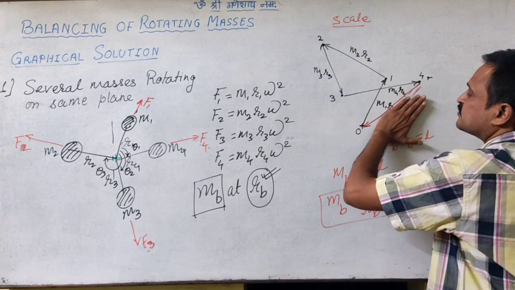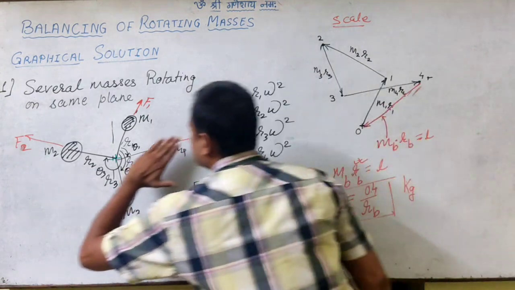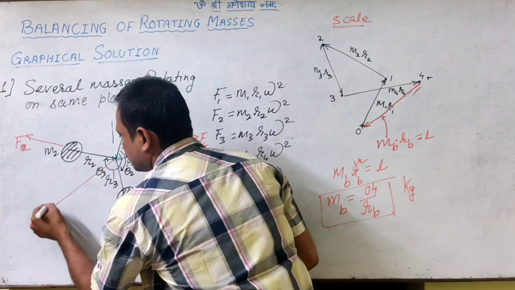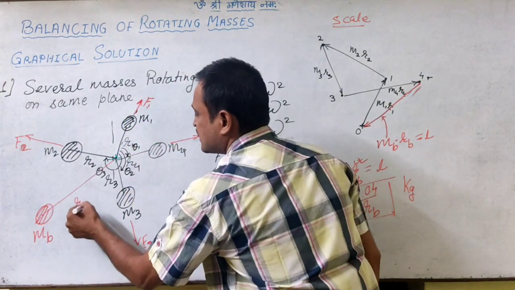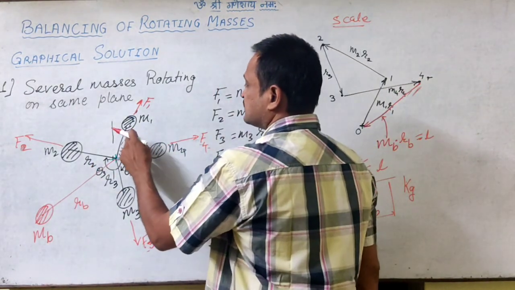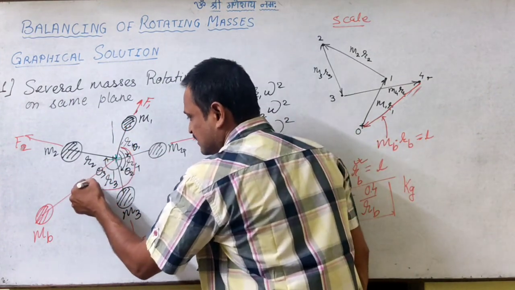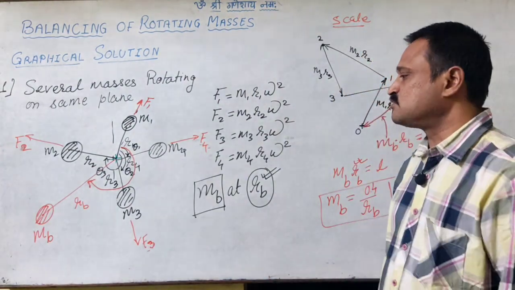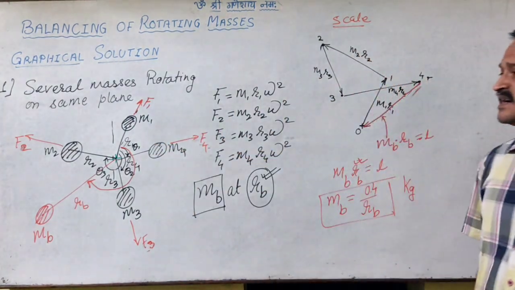So I can draw a line parallel to this vector in my phase diagram, which will be representing the balancing mass at radius RB. Now if I have taken the reference as mass 1, this will be the phase angle at which I need to place the balancing mass, and it will be balancing the entire system.